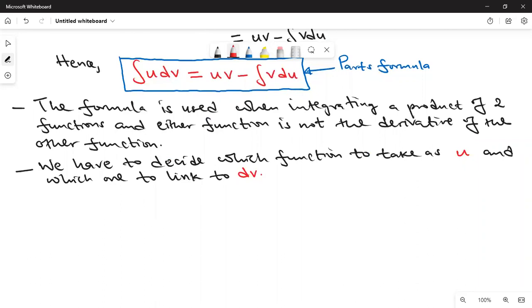Now, how do we choose u? That is the question. There is always an order that we use to decide which function is u and which function is dv.